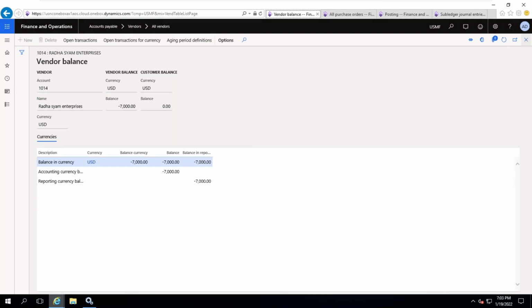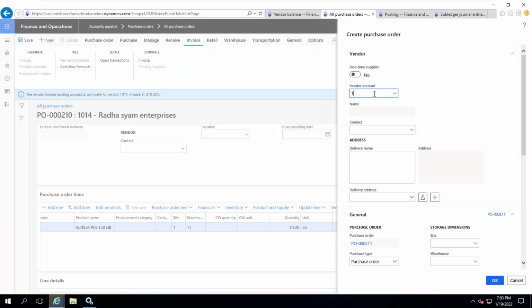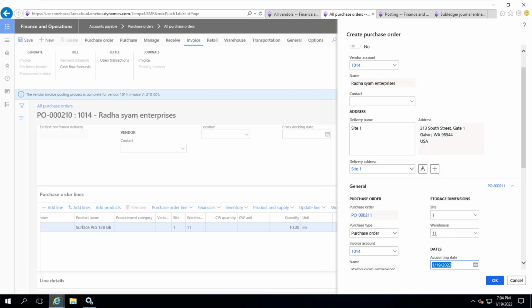Now I will create a new purchase order for 1014, the same Rajni Enterprises. I'm selecting the site, and I'm selecting the warehouse.